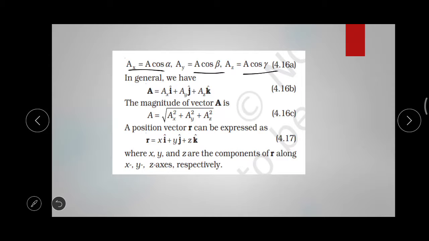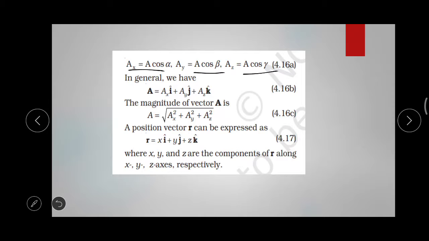Now the vector A has 3 components: Ax along the x axis, Ay along the y axis, and Az along the z axis.